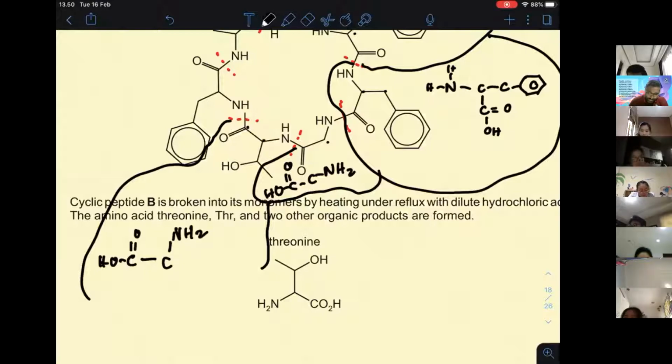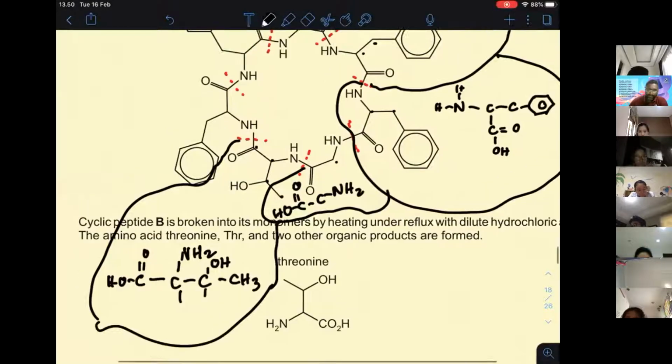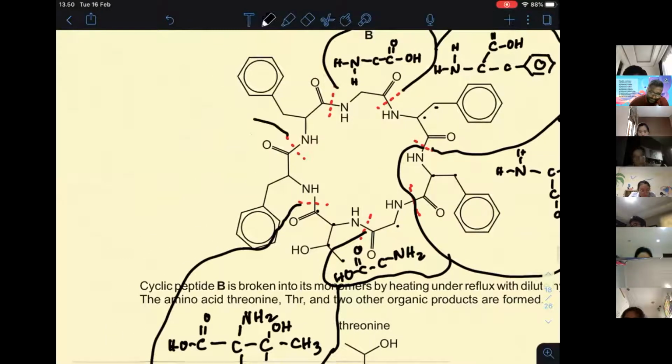Then this carbon is bonded to another carbon, and that carbon consists of OH and also CH3, another CH3. Okay, two more.